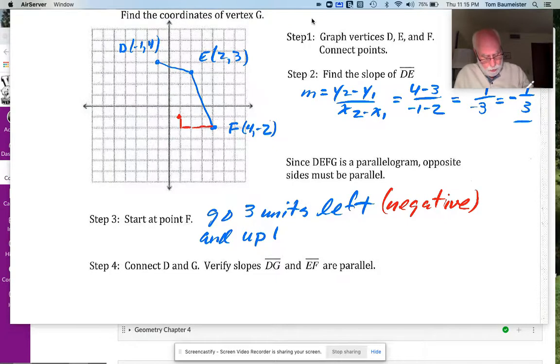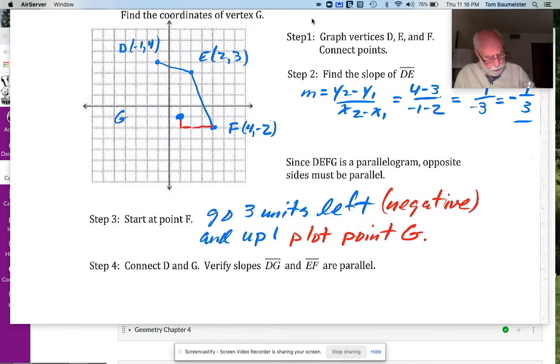All right? So we're going to plot point G. All right, so let me go ahead and I'll just cover that red one there.